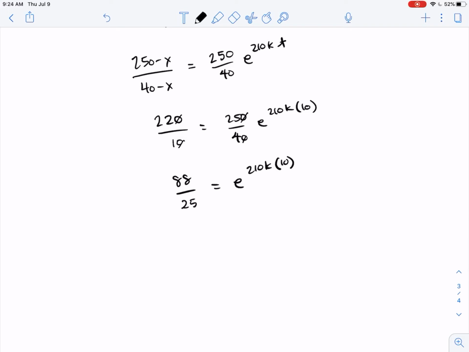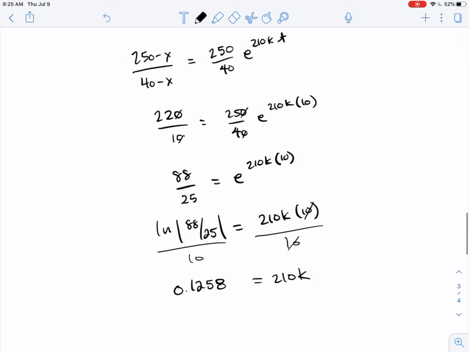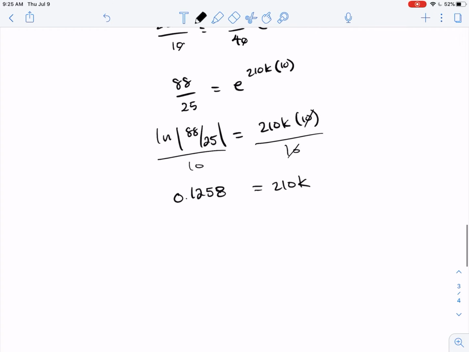If we do ln to both sides, and I'm doing the same thing where now I'm going to just divide by 10. Divide this by 10, so that way I get 210k equal to, now this I have to put in the calculator, I get 0.1258.